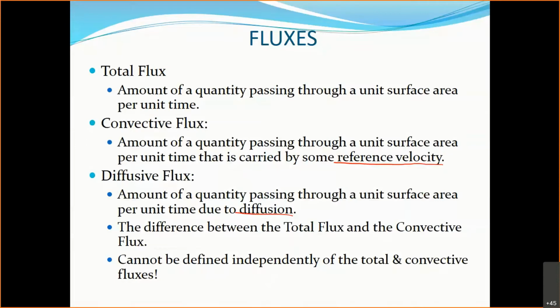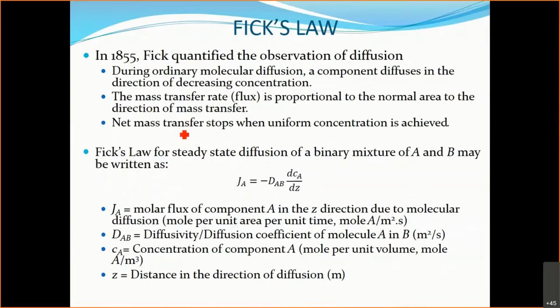Okay, but before we come to the total flux and how to find convective flux and diffusive flux, we'll look at them one by one. First of all, we'll look at diffusive flux. Diffusive flux was discovered by a person named Fick in 1855.